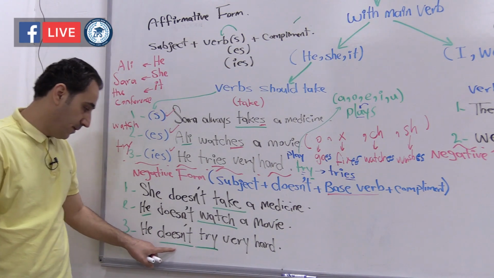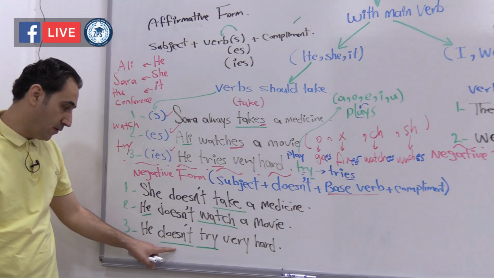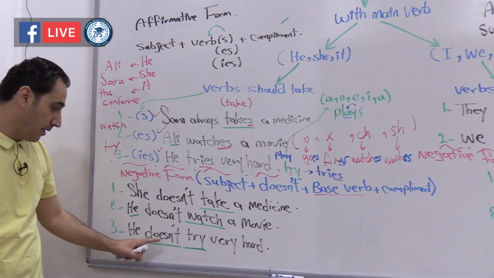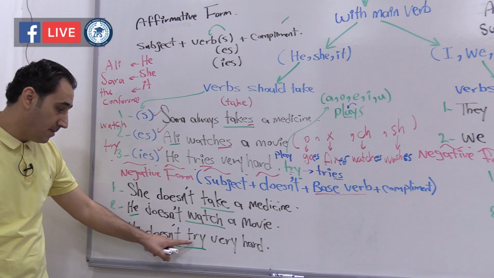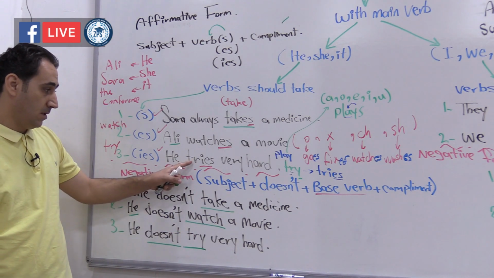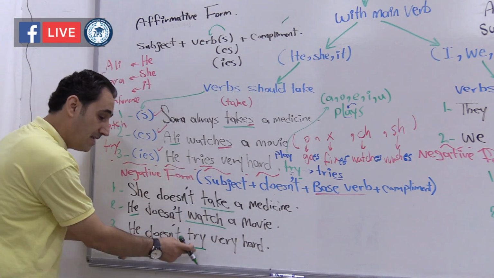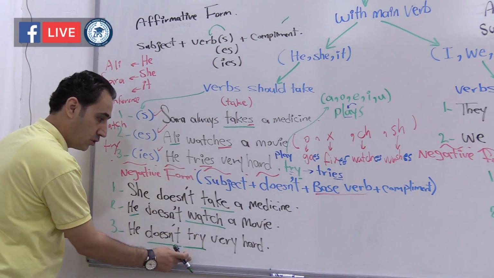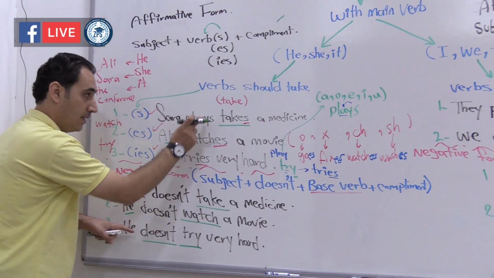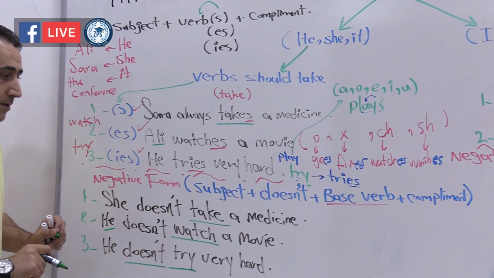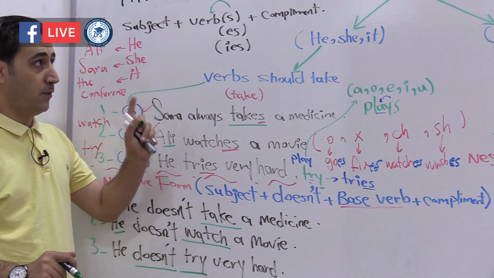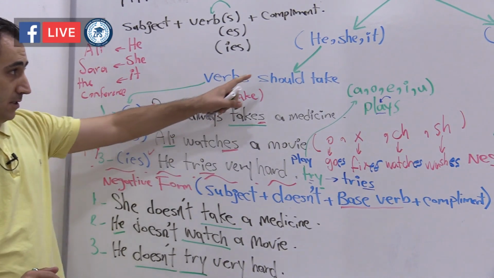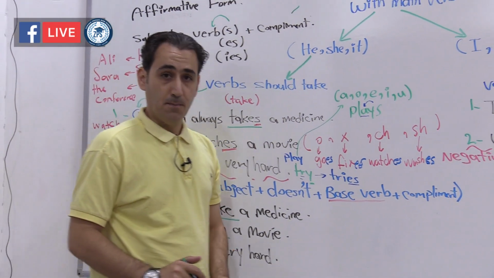The helping verb doesn't comes before the main verb. So, this doesn't makes the verb into base. It changes the verbs into base form. Tries into try. Watches into watch. Takes into take. So this is the affirmative and negative form with present simple by using the singular pronoun.